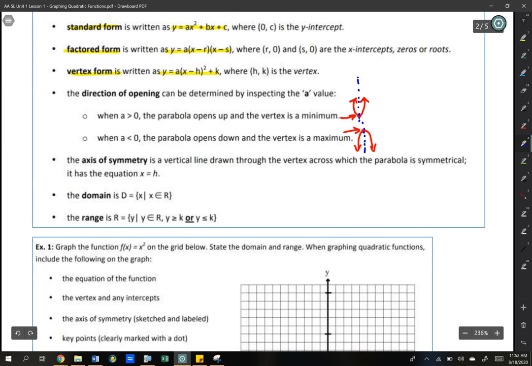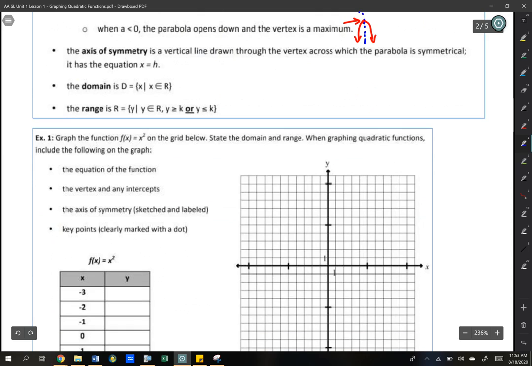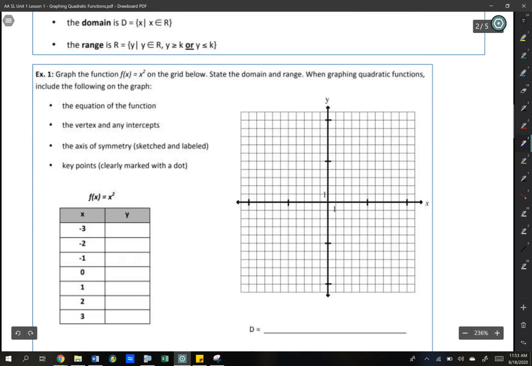Range is y for all y that are the set of real numbers. y is going to be greater than or equal to k in our vertex, or y is going to be less than or equal to k in our vertex. And as we go through these, we'll take a look at all of that.